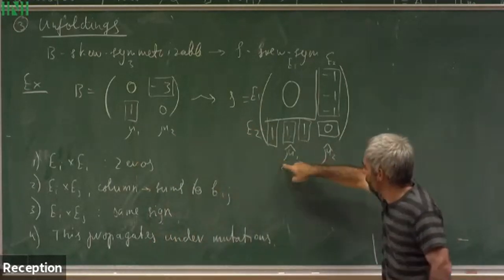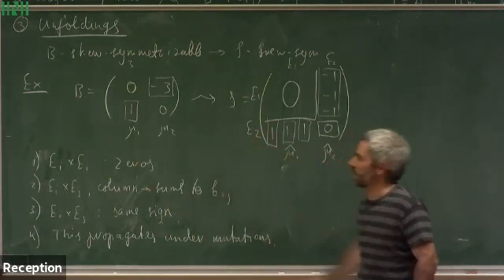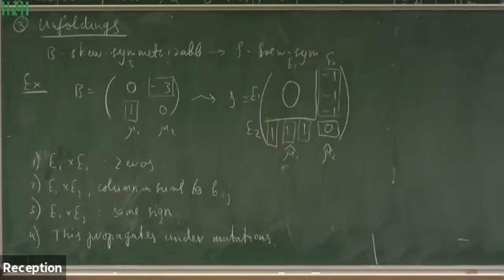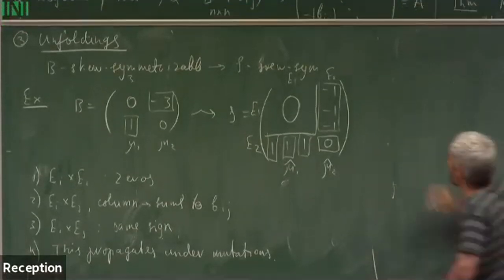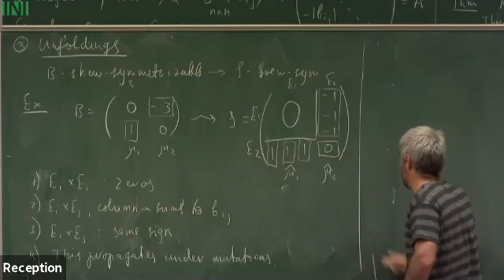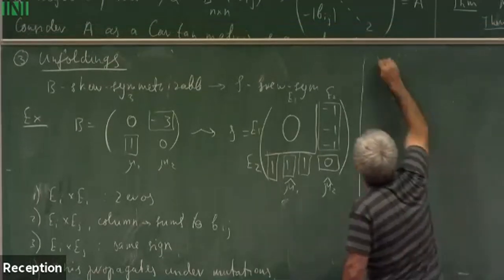These propagate: take a corresponding composite mutation of matrix S. All these want to define weighted unfolding.